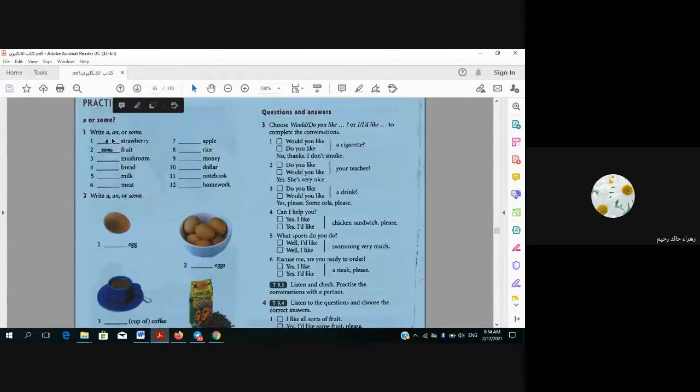Here we use a or an and some. For example, a strawberry because it's countable and it begins with S, which is not a vowel letter. An apple because it begins with A, and some fruit.